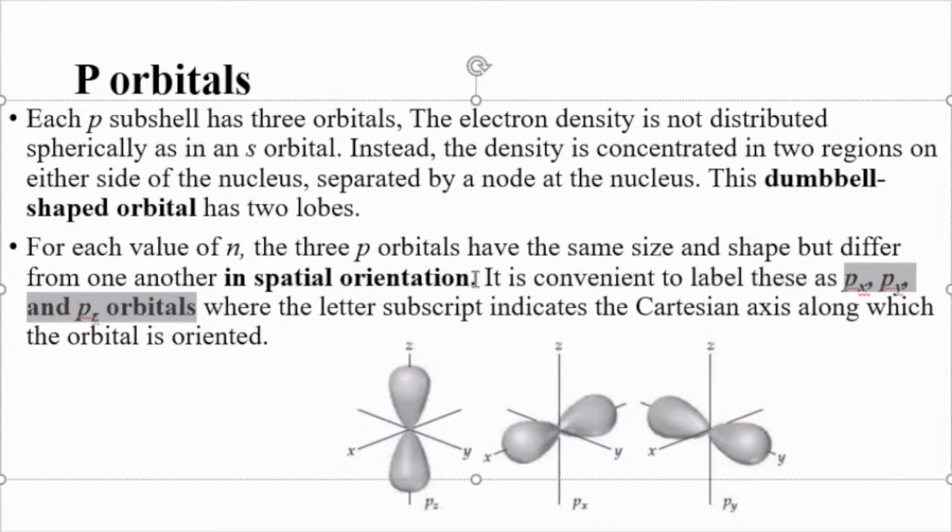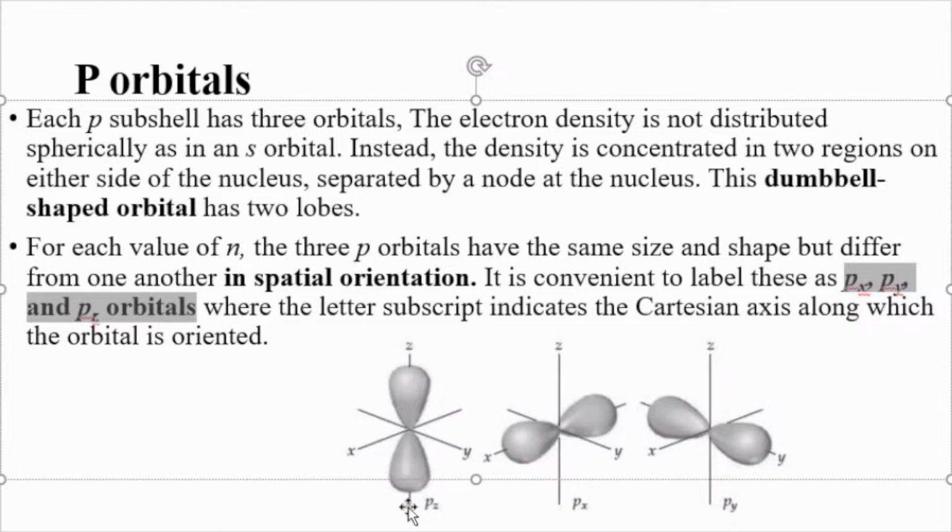There are 3 axes: x, y, z. For each value of n, which I will explain later, the 3 orbitals have the same size and shape but differ in spatial orientation.